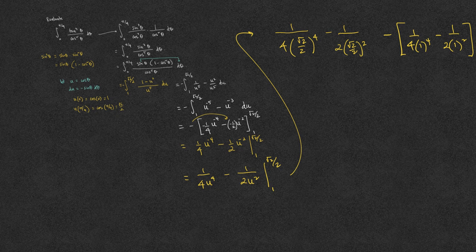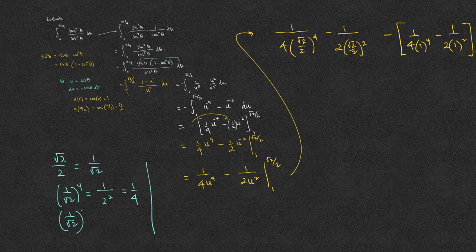To evaluate root 2 over 2, we observe that root 2 over 2 is the same as 1 over root 2. And 1 over root 2 to the 4th power is 1 over 2 squared, which is 1 over 4. 1 over root 2 squared is the same as 1 over 2.